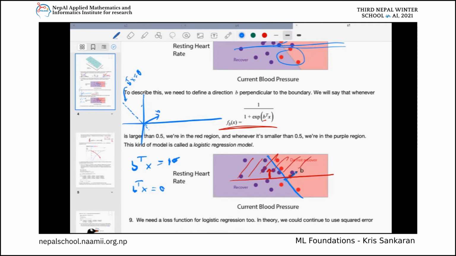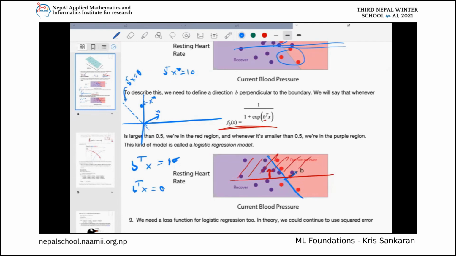Now what about for this B transpose X equal 10 thing? Well, just imagine that you had one value of X where B transpose X was equal to 10. Let's call that X star. So suppose that B transpose X star is equal to 10. And just to be concrete, let's say this value is X star.